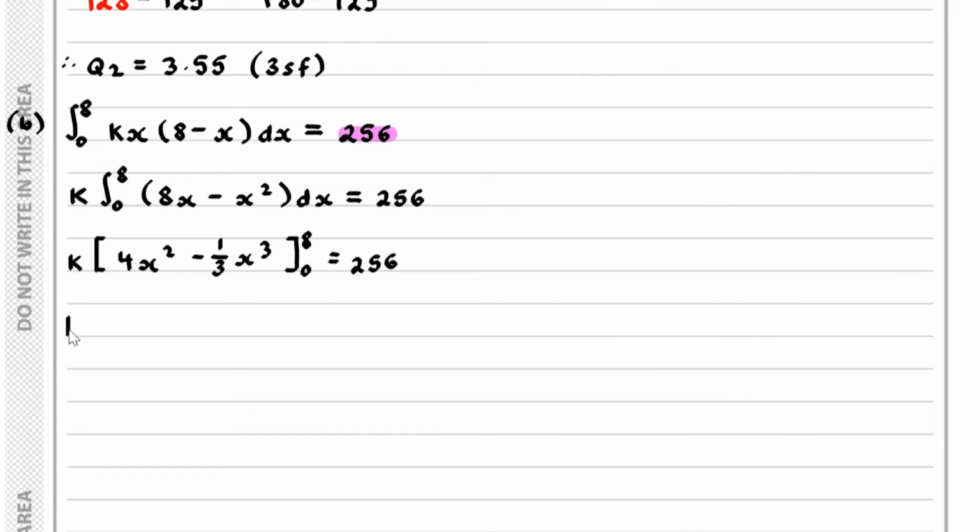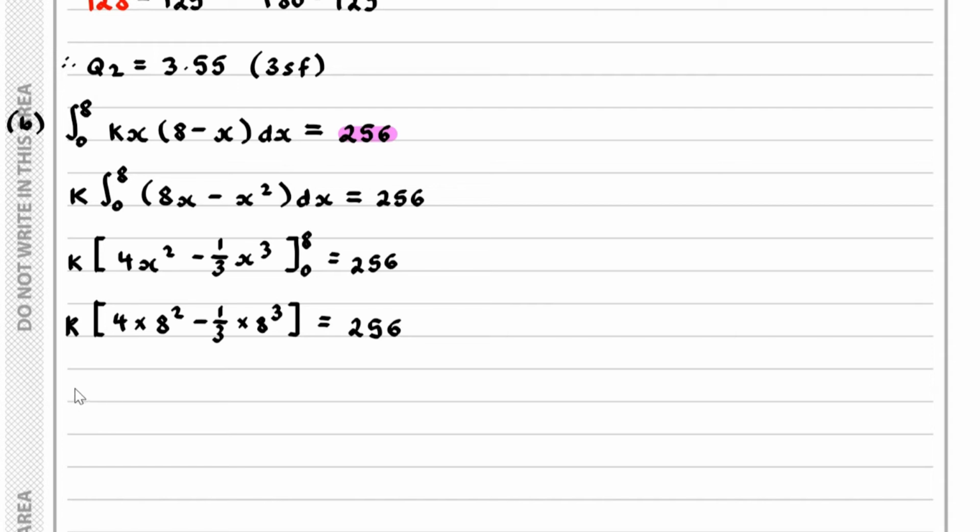So we've got k multiplied by, well, here we have 4 times 8 squared, subtract 1/3 multiplied by 8 cubed, and this is equal to 256.